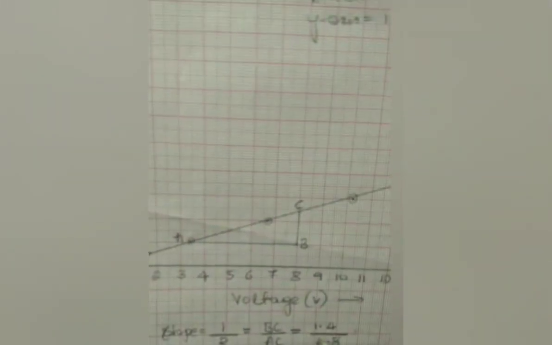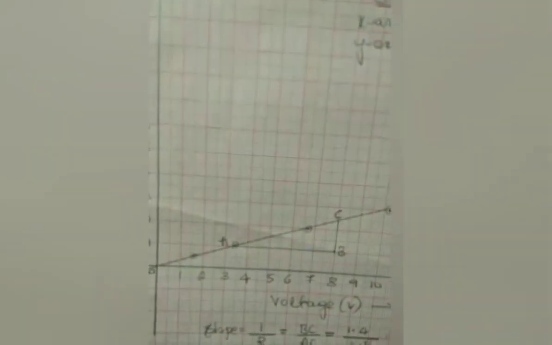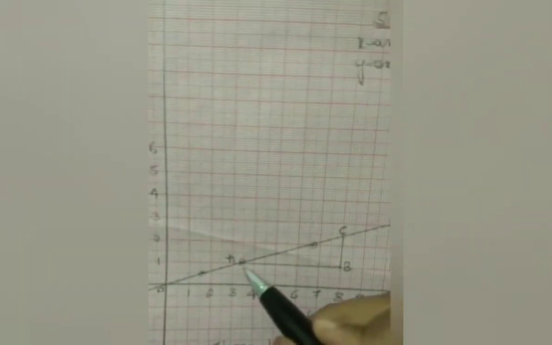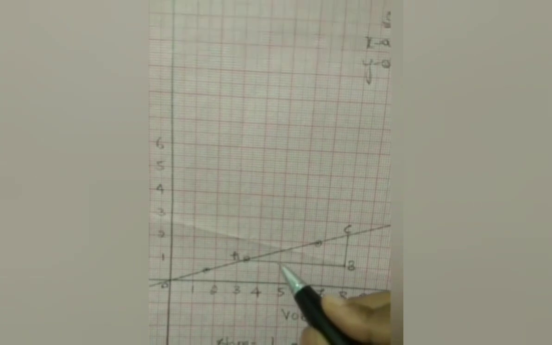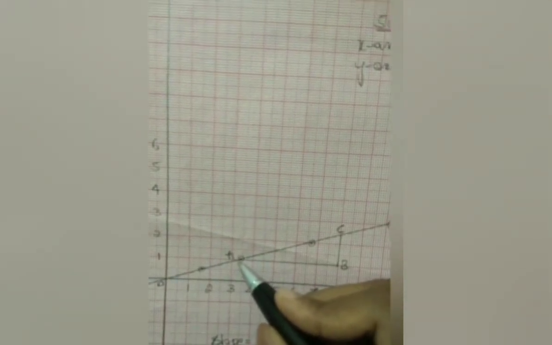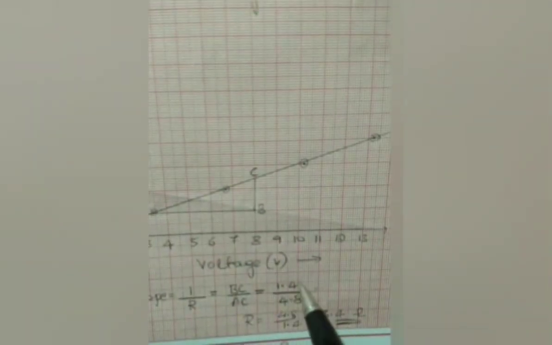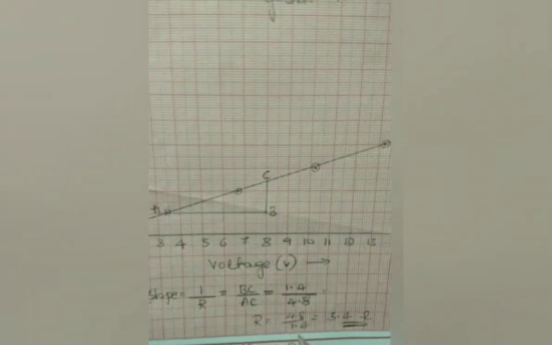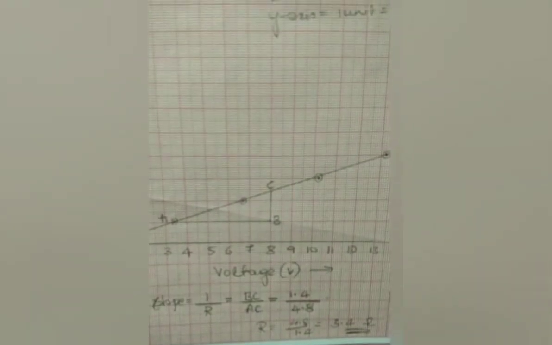In a similar way, go for AB. From here, 1, 2, 3, 4, count till the line has passed. So we get 4.8. So 1.4 divided by 4.8, then the reciprocal, R, will become 4.8 divided by 1.4. Calculate, 3.4 ohm is our answer.